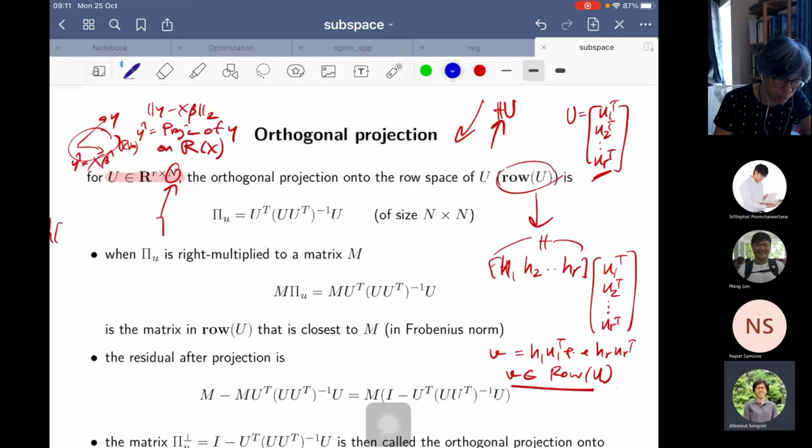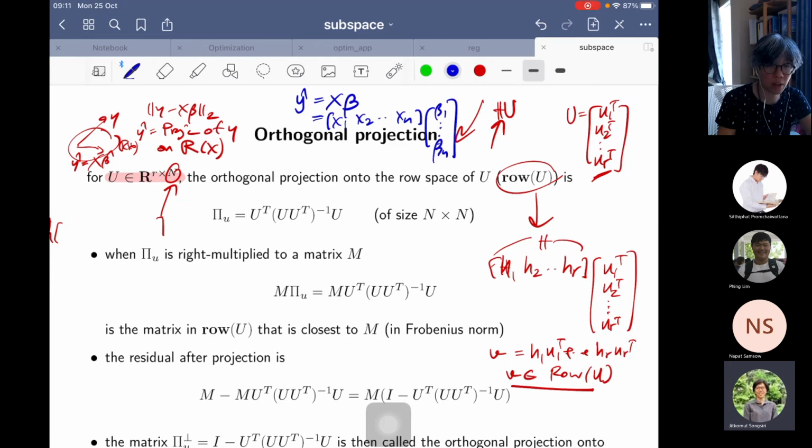This is something different from what we learned in the least square. Remember this y hat, when you multiply beta with X? If you partition X into n columns, your beta has n elements, right?